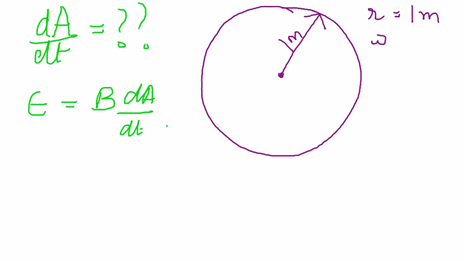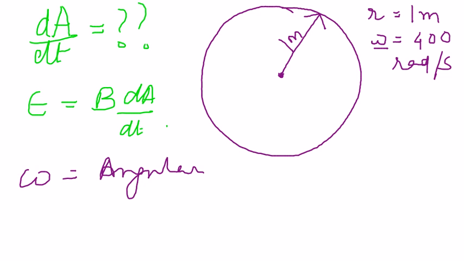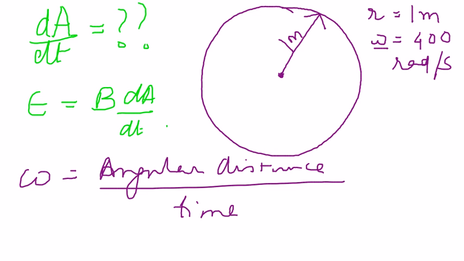The angular frequency with which the rod rotates is equal to 400 rad per second. What is angular speed? Angular speed is equal to angular distance by time. So we need to find out what is this angular distance.